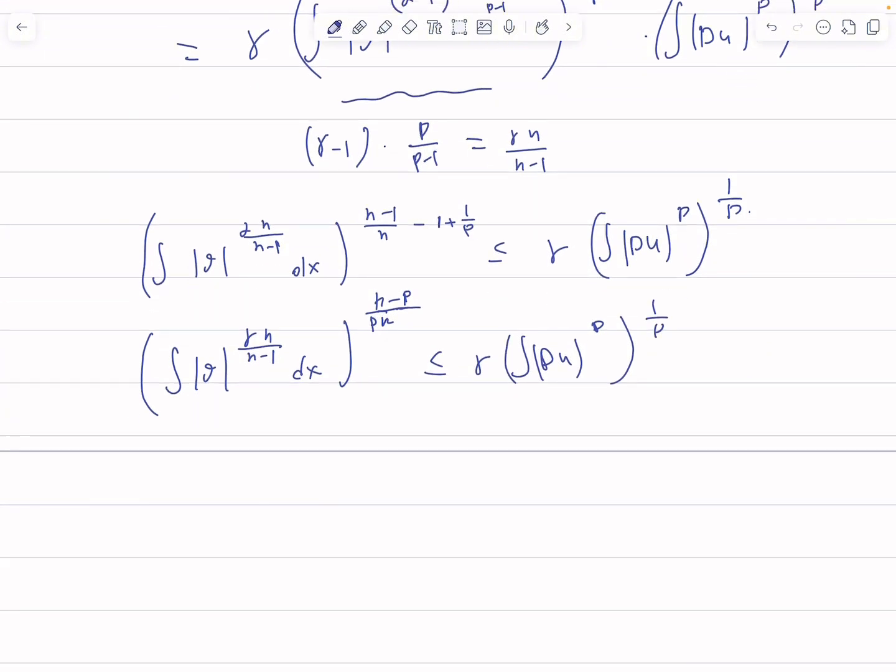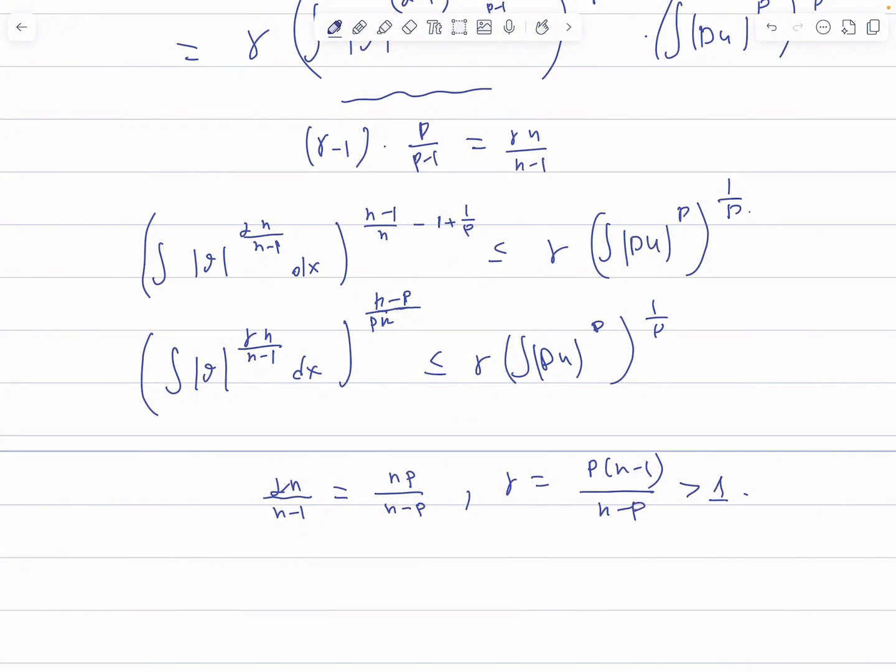So when we take lambda n divided by n minus 1 equal to np divided by n minus p, lambda becomes p times n minus 1 divided by n minus p, which is greater than 1.